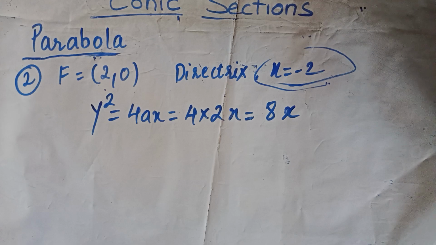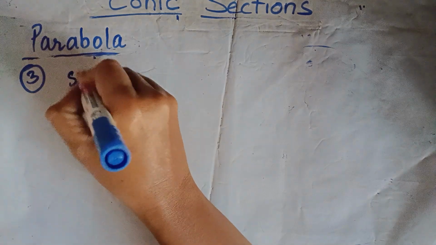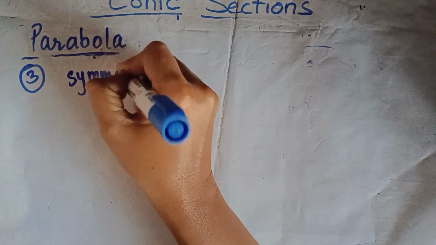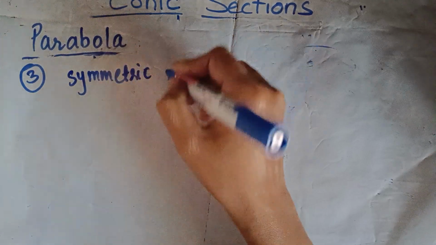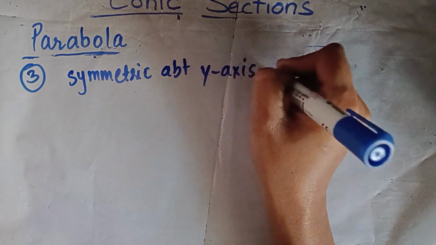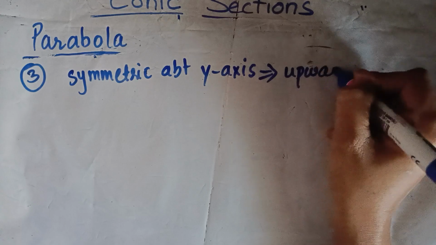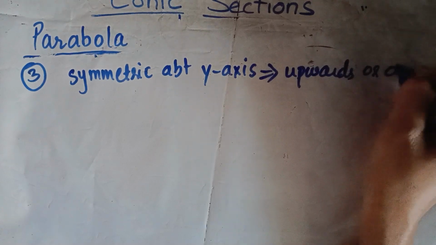One more question. You have to find the equation of the parabola which is symmetric about the y-axis. Symmetric about the y-axis means this parabola is either upwards or downwards.